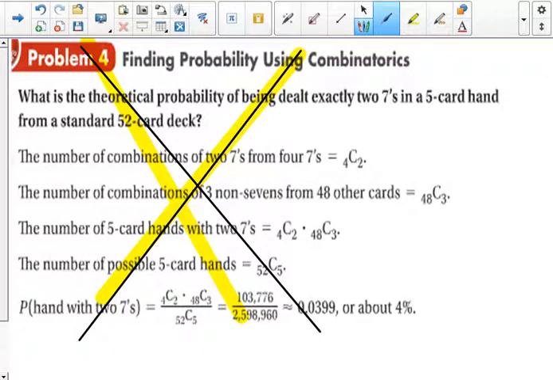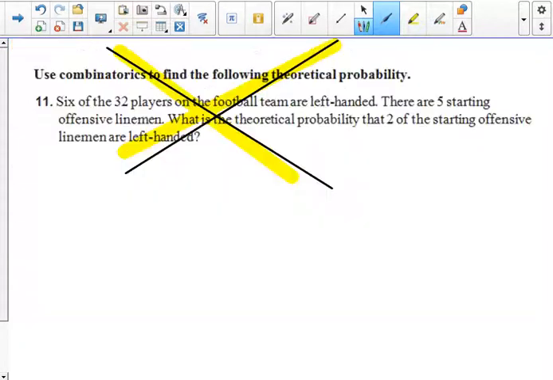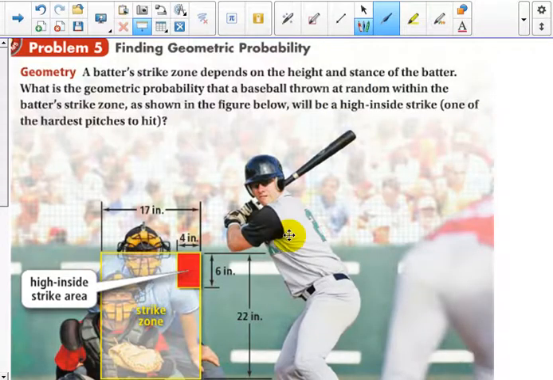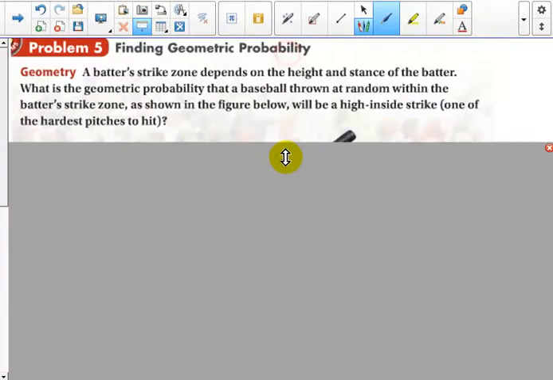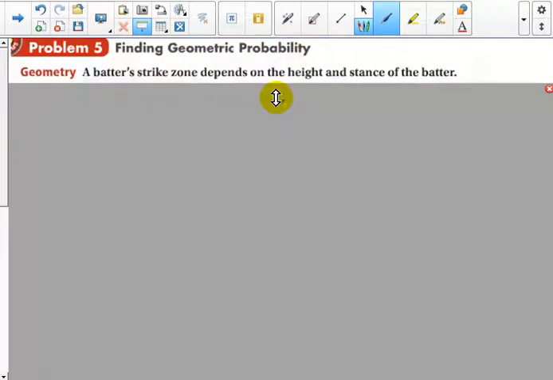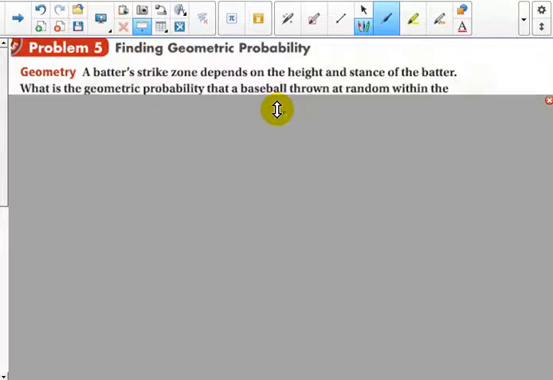Let's mark out number 11 on your workbook, and then we're going to work on our last problem. You might get some class time. Here's that sweet spot thing I was talking about. So a batter strike zone, and this is geometric probability. A batter strike zone depends on the height and stance of the batter.